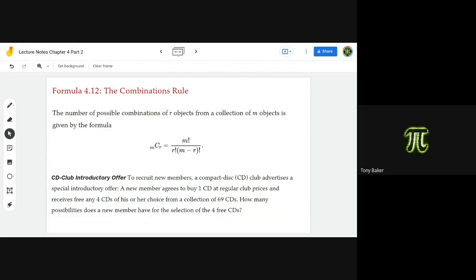All right, so the Compact Disc Club advertises a special introductory offer. You buy 1 CD and you get 4 of them free out of a choice of 69 CDs. So the question, when you're looking at this to determine which one it is, does the order you pick the CDs matter? Because that's going to depend on which one you use.